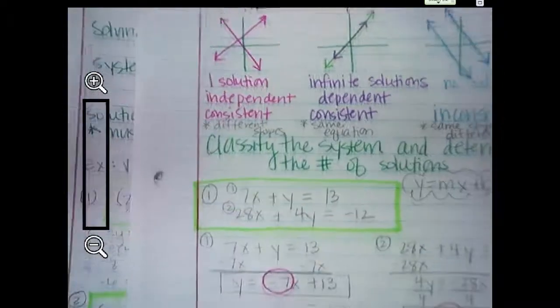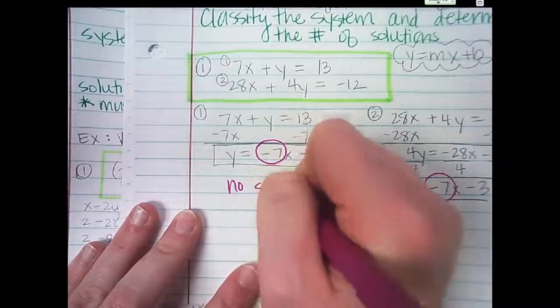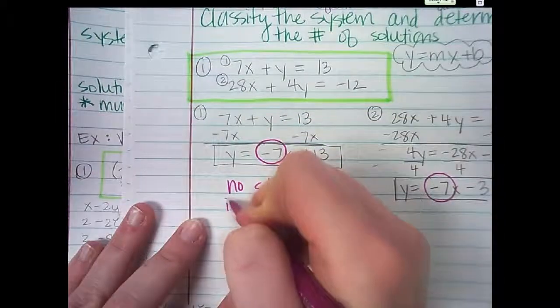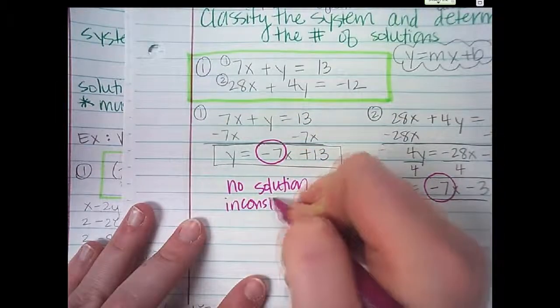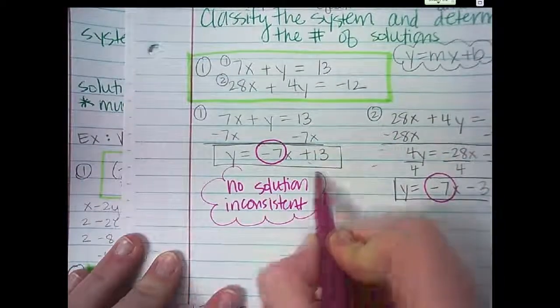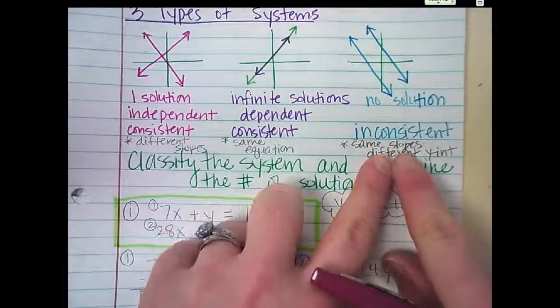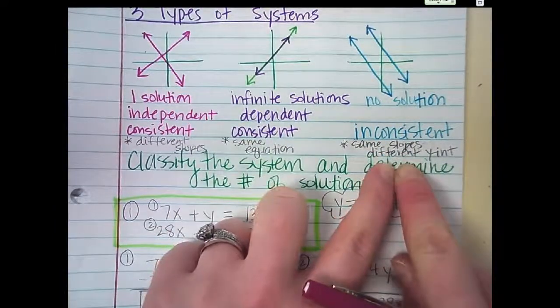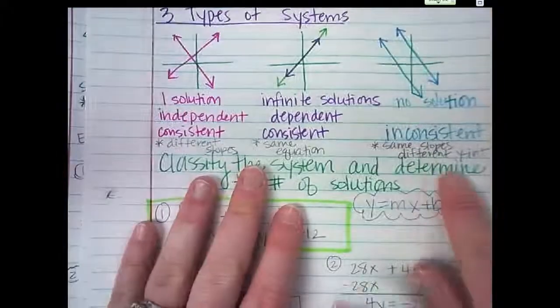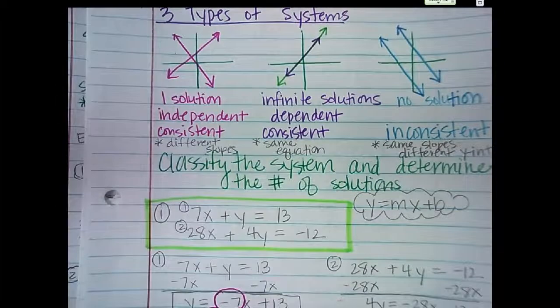Okay, so back down here on this one, we said there are same slopes, so I heard you guys say no solution, and then we would classify it as inconsistent. The far right, this one is same slopes, different y-intercept. Oh, I'm sorry. I went backwards.